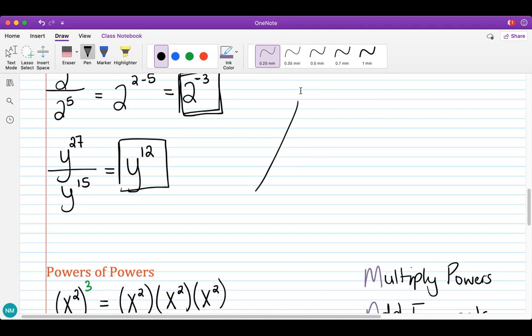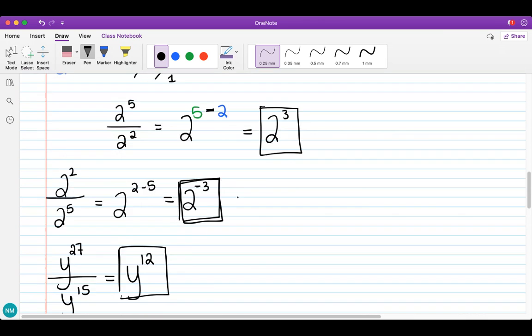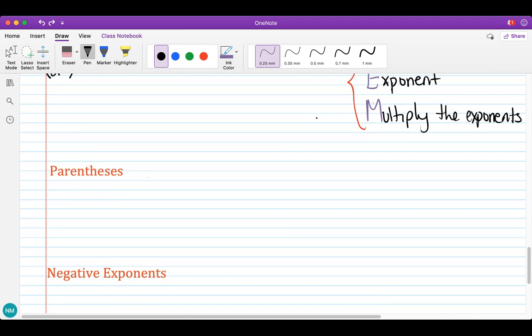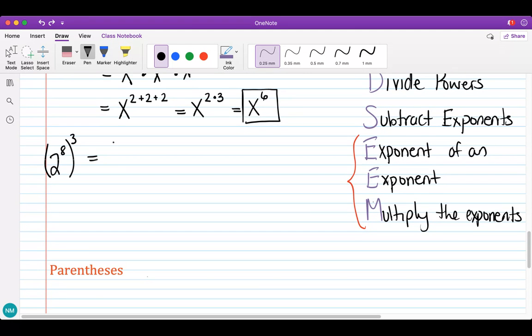That is really important. The same base, you have to keep the base the same. The base stays the same. Okay, so 2 stays the same, and then we just do 8 times 3. And what's 8 times 3? 8 times 3 is 24.